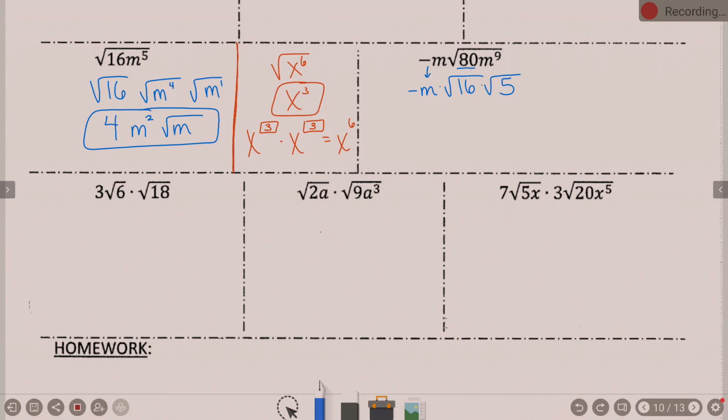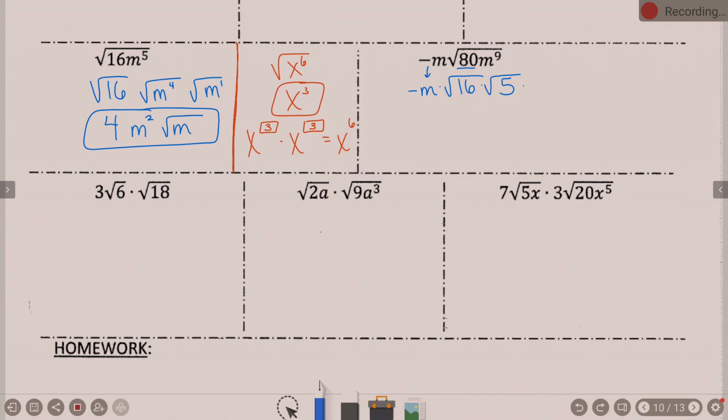Now, m to the 9th. Don't get tricked here. Can I take the square root of m to the 9th? Remember, in order to take the square root of an exponent, it has to be able to divide by 2.